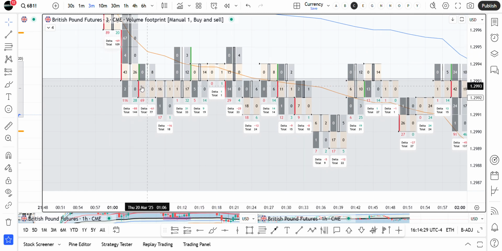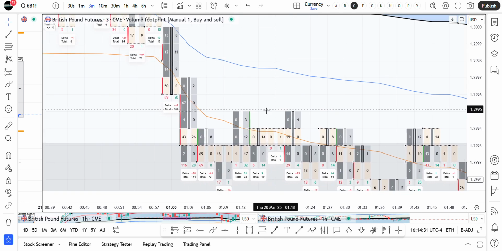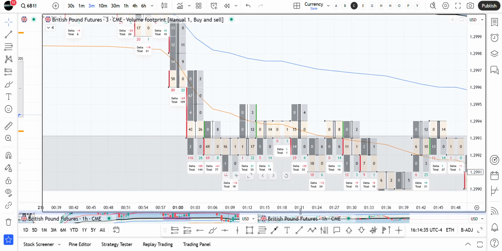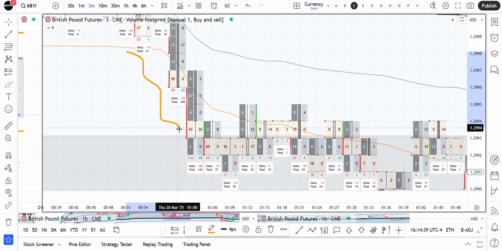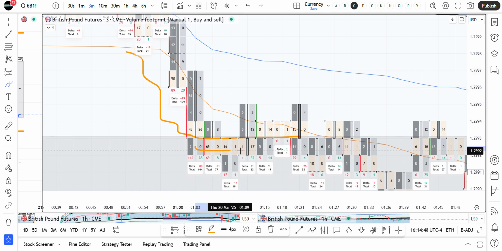So here we enter, here's aggressive selling, but that's just as we enter the level. So this could have been the exact same thing, but the opposite way around. It could have been increased selling, a flat price, but still with increased selling, like what was happening here.